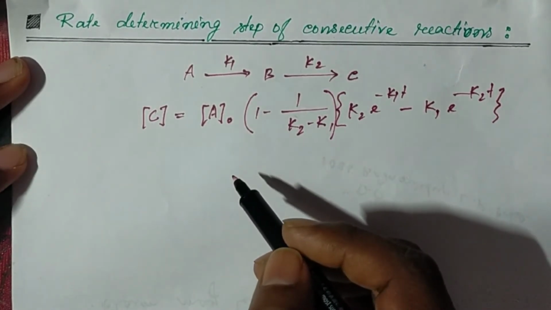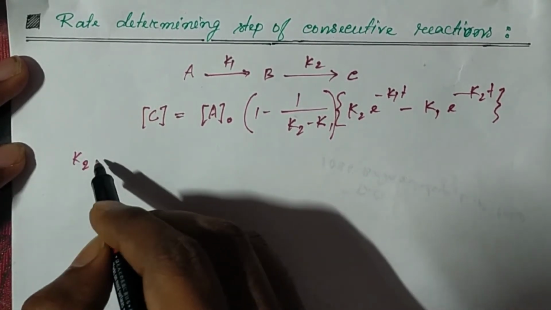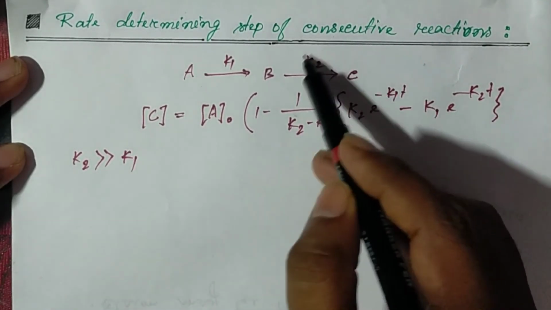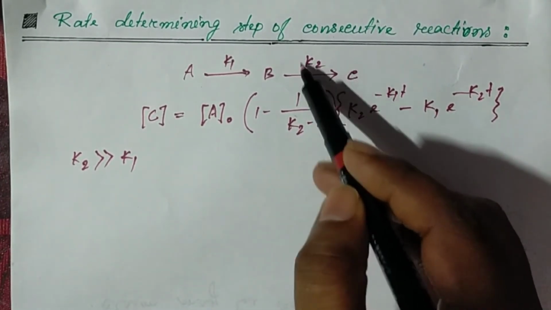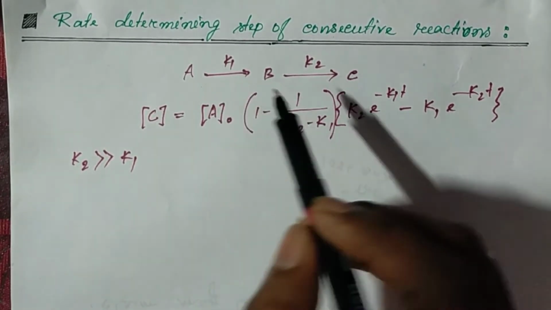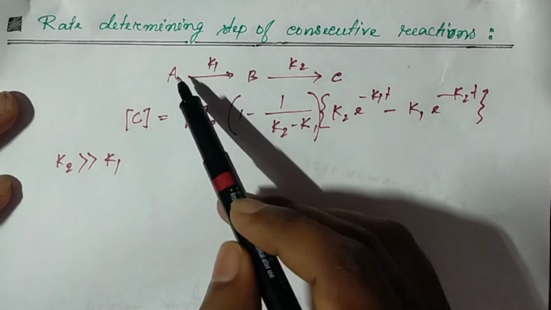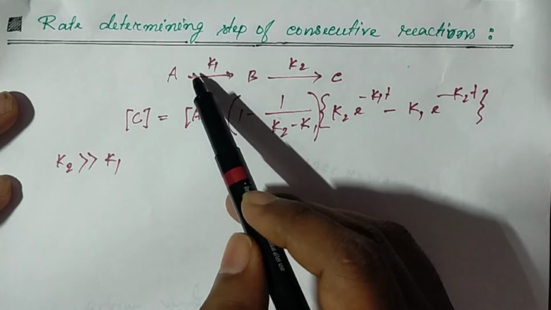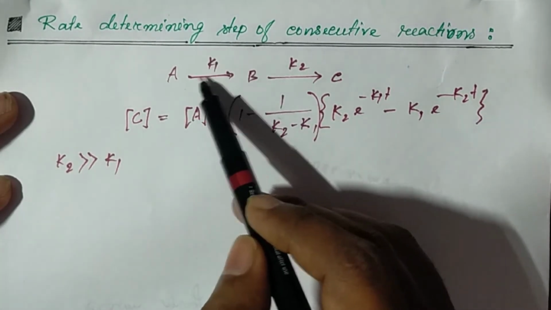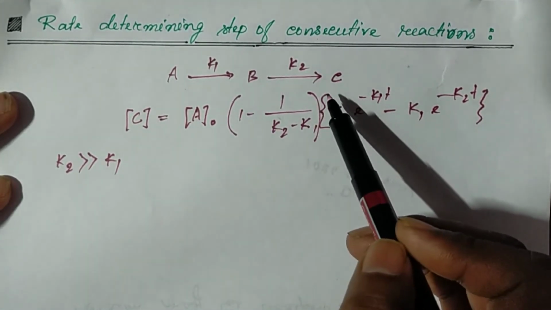Okay, so first of all I will consider K2 is greater than K1. That means this rate constant, the rate of B to C, is much higher than K1. This indicates that whatever amount of B is produced from A in the first step is immediately transformed to C.